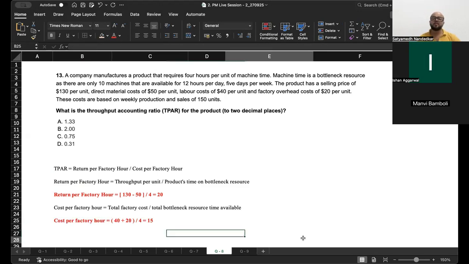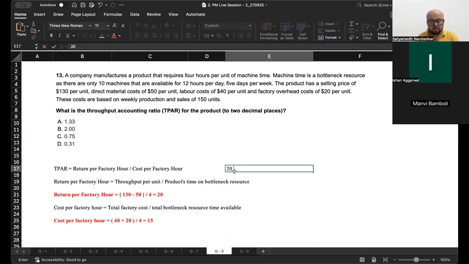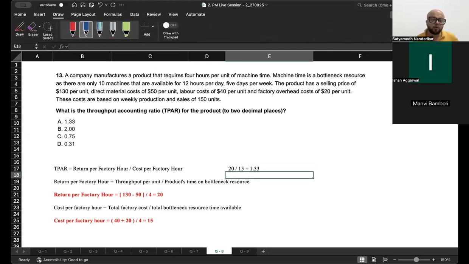Per hour, how much is the factory cost incurred? 15. 20 upon 15, 1.33. That will be my throughput accounting ratio, TPAR. In my opinion, the answer should be option A. What do you think?